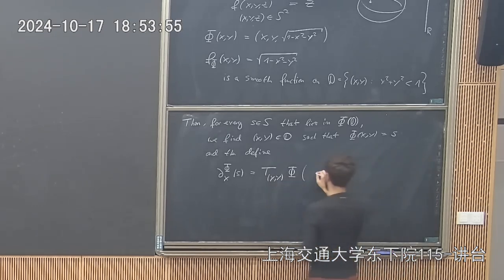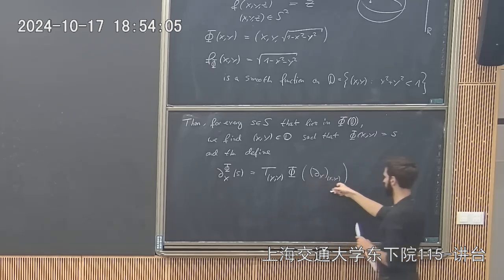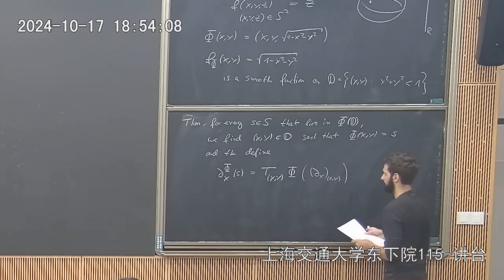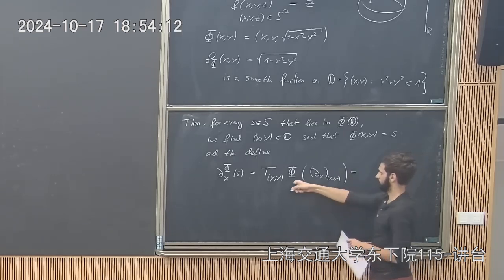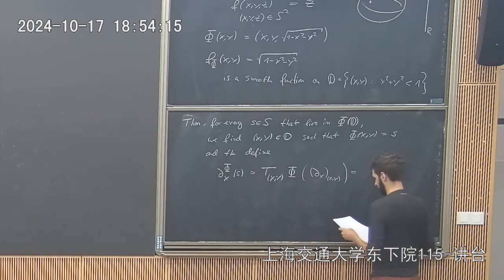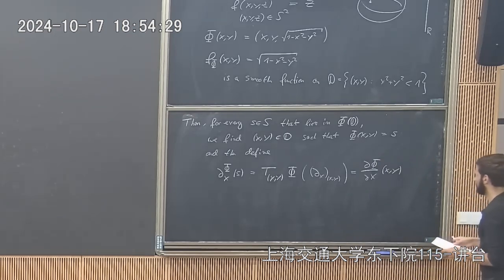So we plug in our vector field, which we think of on D as the constant one. If you unravel the definition, that is nothing else than taking the partial derivative of phi in x direction, and then we have to keep track of the point.